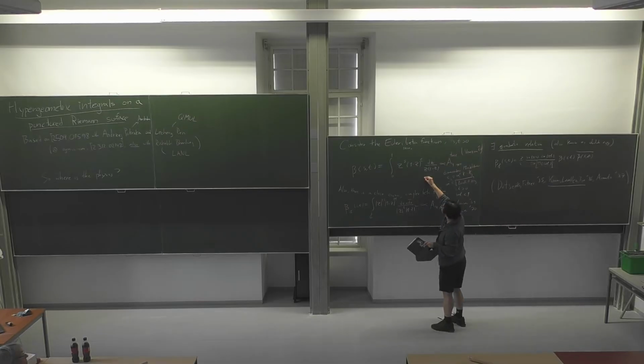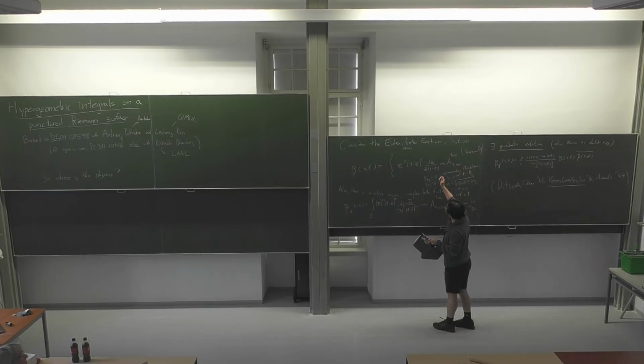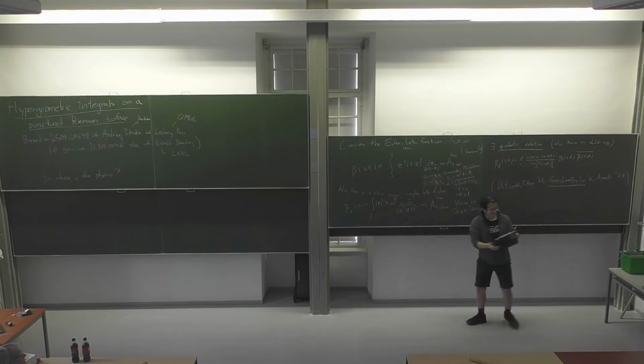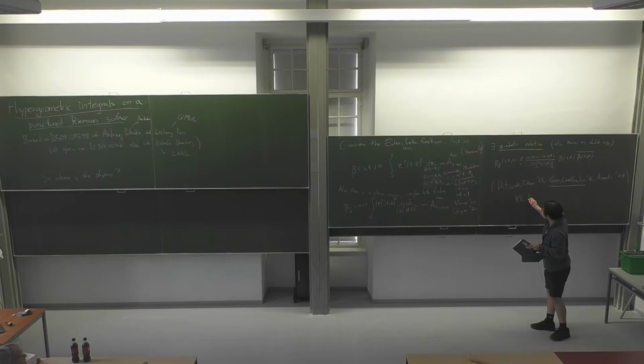Sorry, S12 is S, and S23 is T. So physicists know this relation more as the KLT relations, for Kawai, Lewellen and Tye.